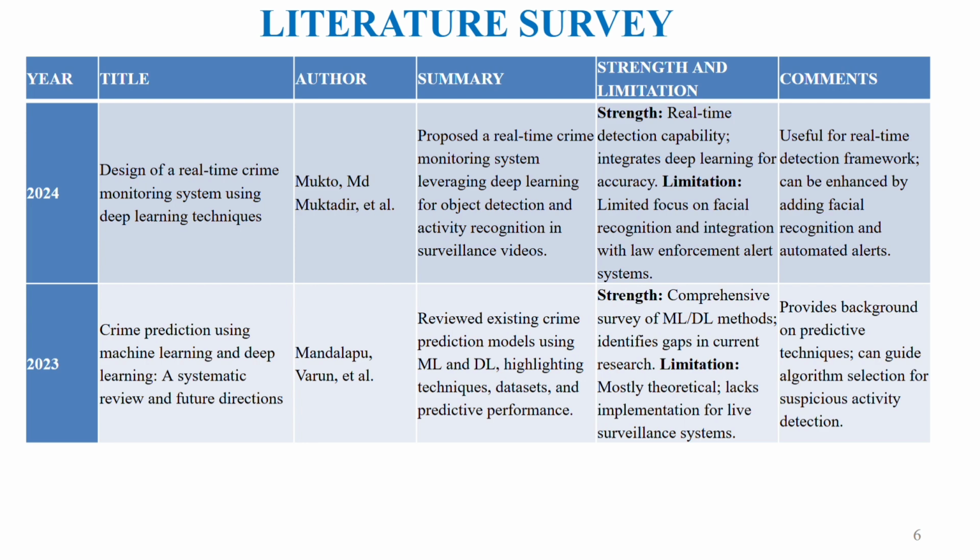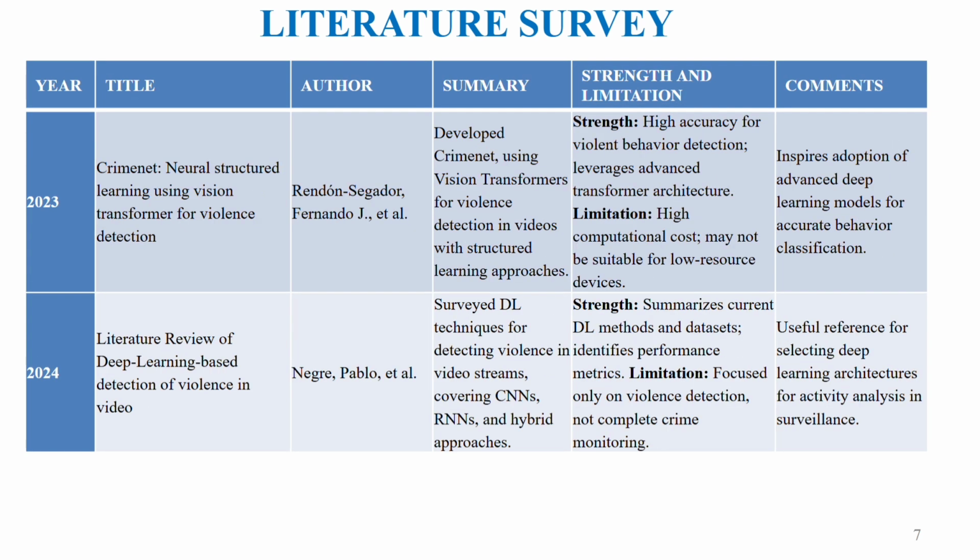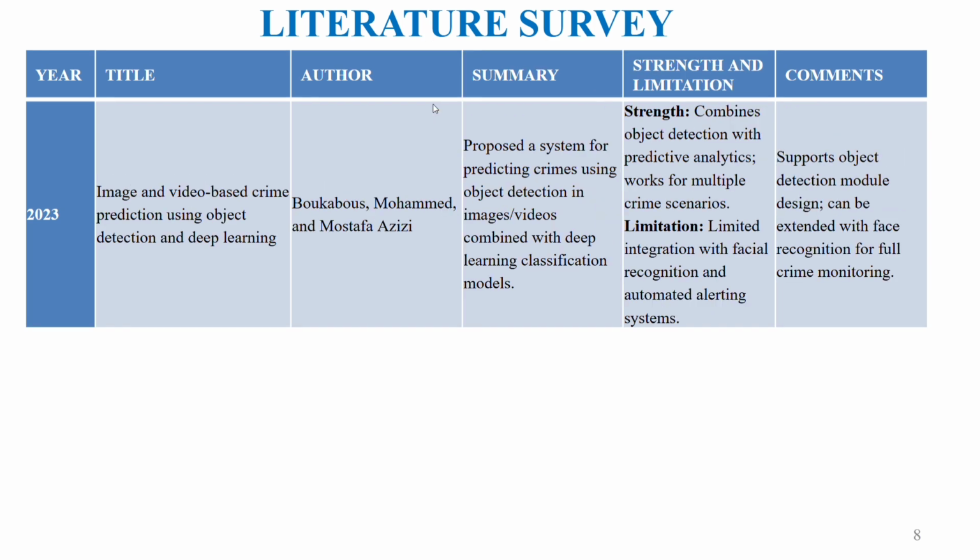The papers we reviewed include: design of a real-time crime monitoring system, neural structured learning using vision transformers for violence detection, deep learning based detection of violence in video, image and video based crime prediction, and YOLO object detection using deep learning.